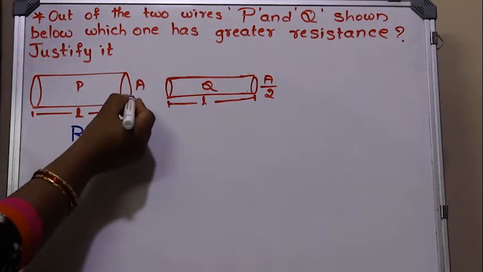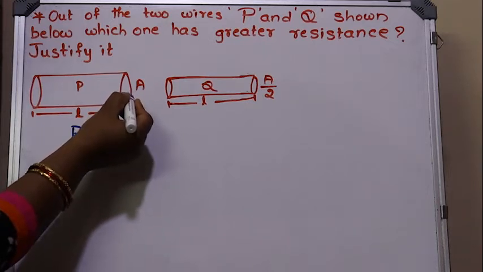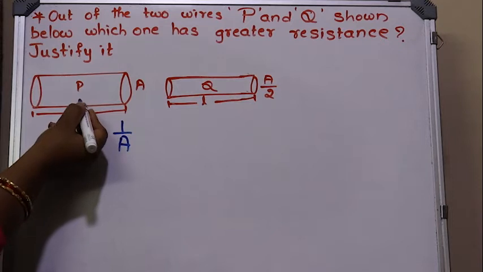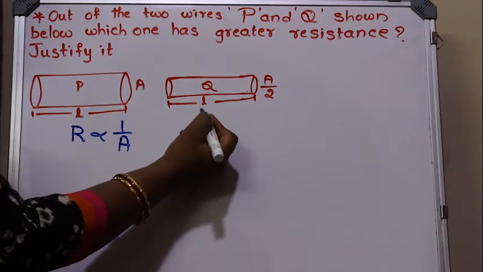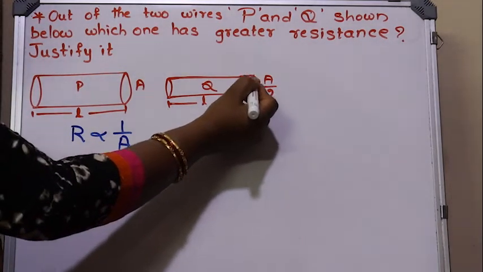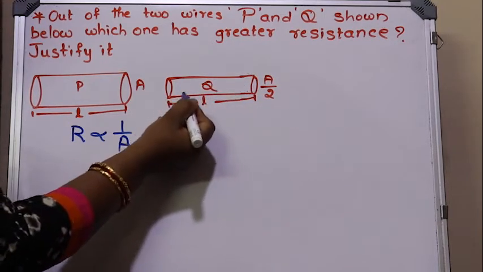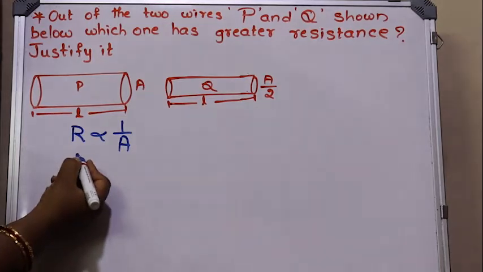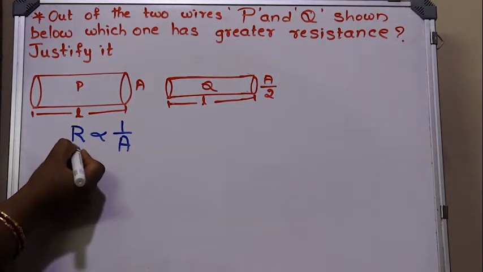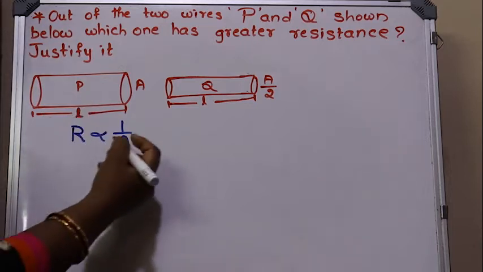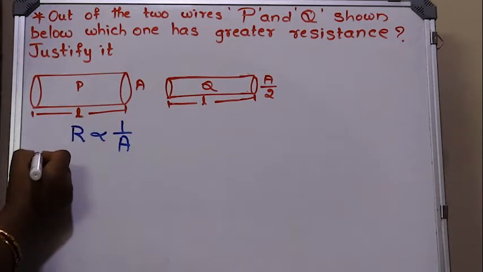If the cross section area is more, then electrons can pass easily through the wire, so the resistance will be less. But if the cross section area is less, then it is difficult for the electrons to pass, so the resistance will be more. So the resistance will be more in Q.